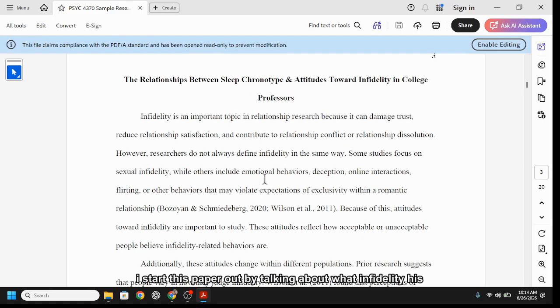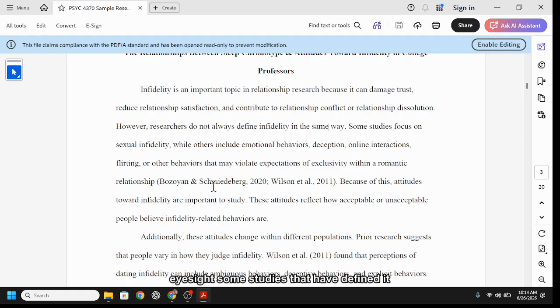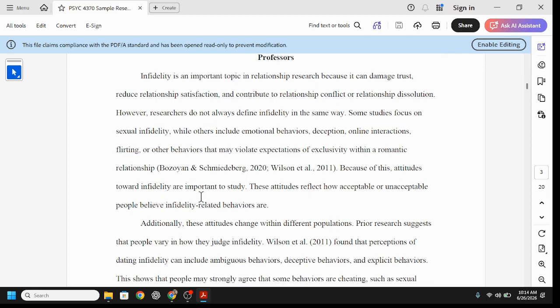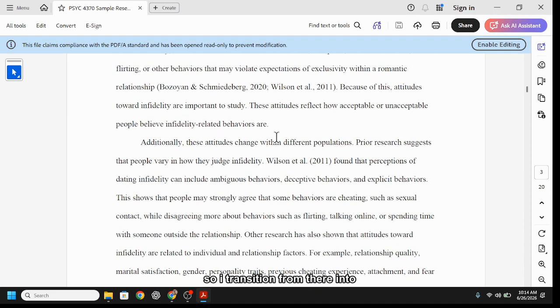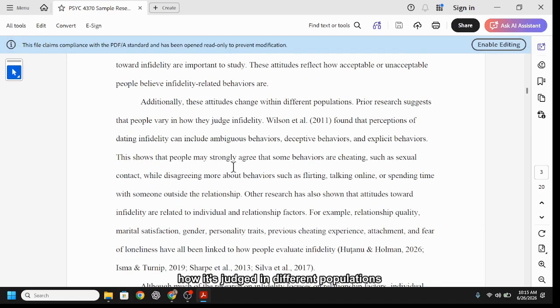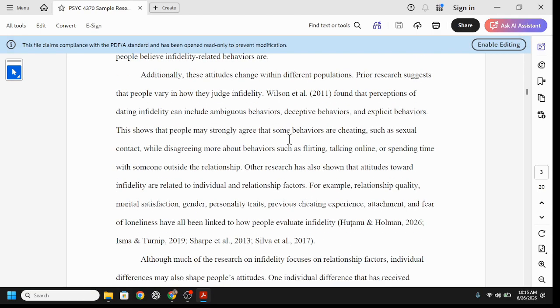I start this paper out by talking about what infidelity is. I cite some studies that have defined it, and I've set the tone for how infidelity is important to study. So I transition from there into how attitudes and infidelity change in different populations, how it's judged in different populations, how in different settings certain things are considered to be infidelity, certain things aren't.